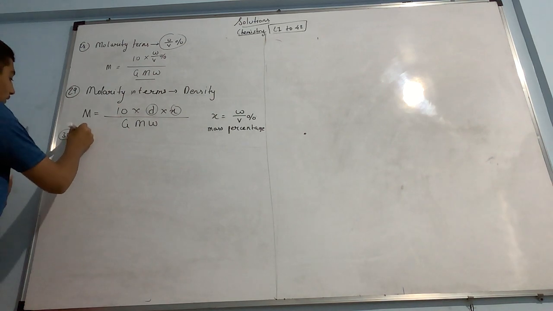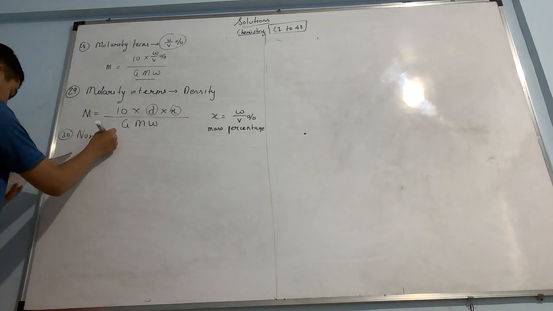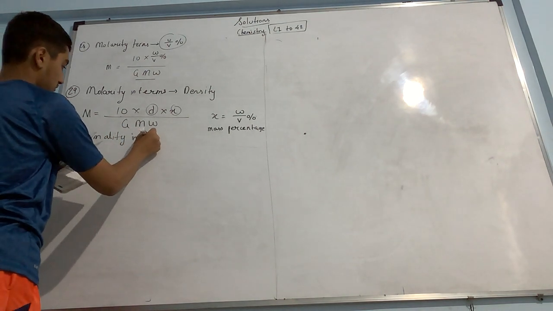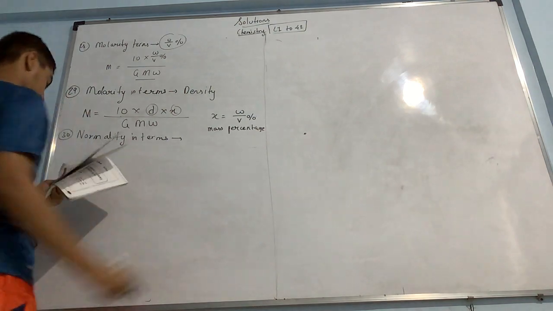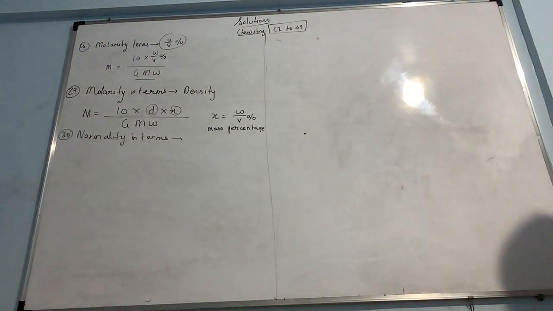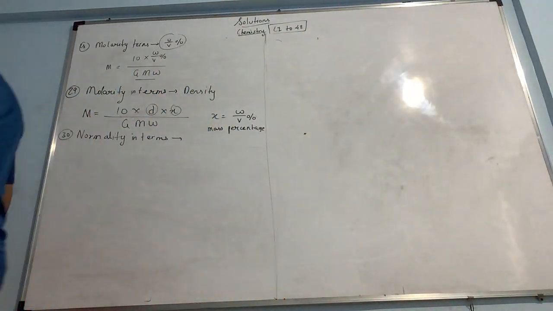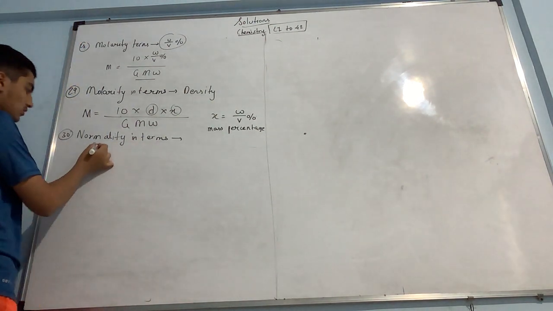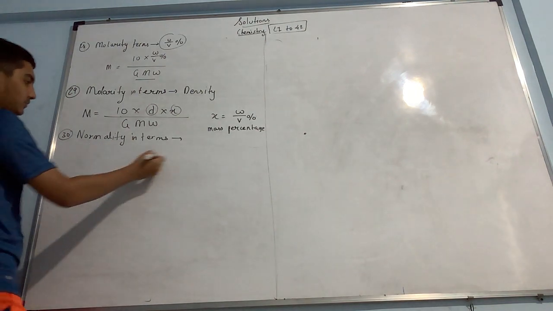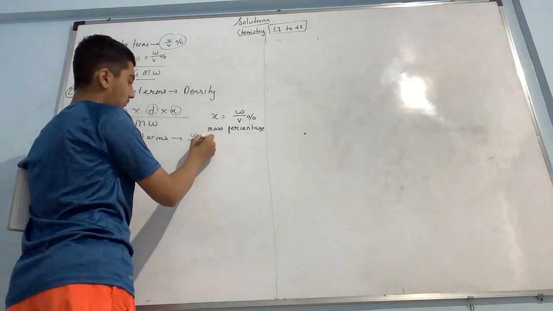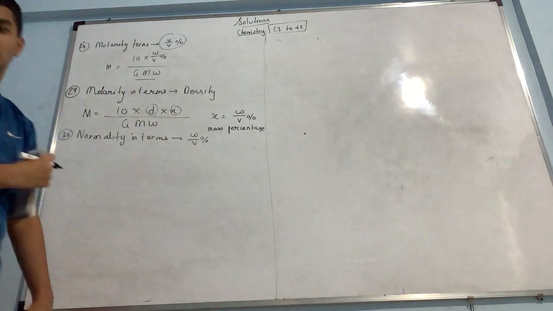Now the 30th point. Now in place of molarity we have normality, in terms of WV percentage. What will it be?